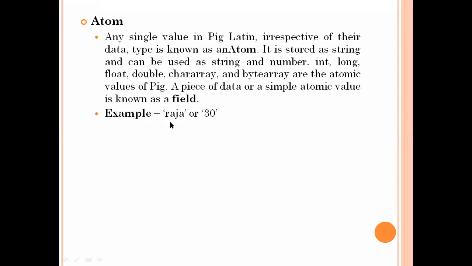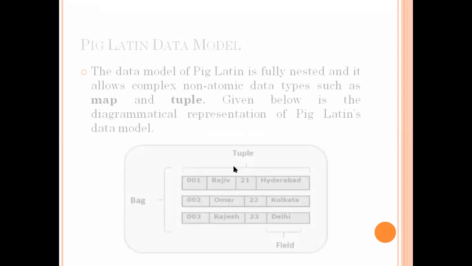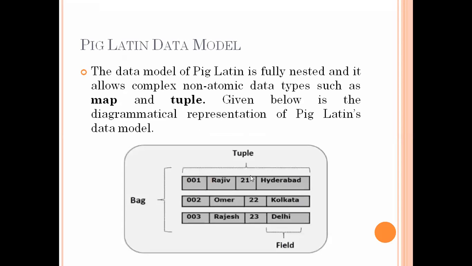For example, Raj, 30 are the fields. So these are the atoms. In the diagram, if you remember the diagram, these are the fields. So one particular part is called an atom. Atom means single one. One particular thing is called an atom.